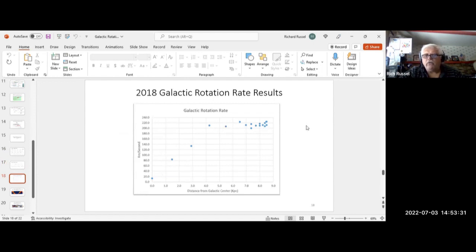If you had a real spiral galaxy, it would not flatten out, it should increase, I believe. By doing this plot, this is how they came up with dark matter. In order for it to flatten out like this, the galaxy had to have more mass than what they were actually seeing.